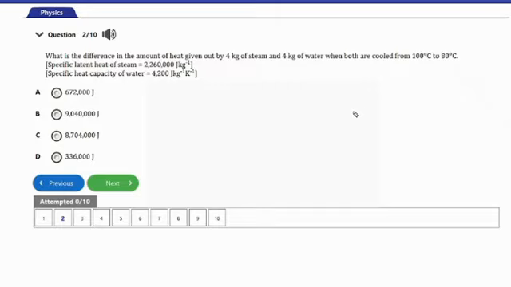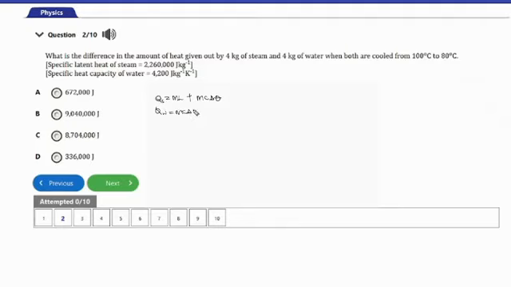We are given the specific latent heat of steam to be 2,260,000 joule per kilogram, and we're also given the specific heat capacity of water to be 4,200 joule per kilogram per Kelvin.